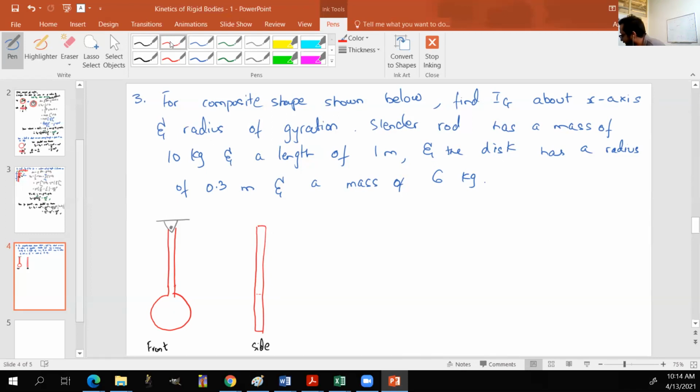Let's say that the centroid, or mass center, for this composite mass is at some point G like that. This is the x-axis. When you're looking at the front view, it's coming out of the page, out of the plane that contains the disc.